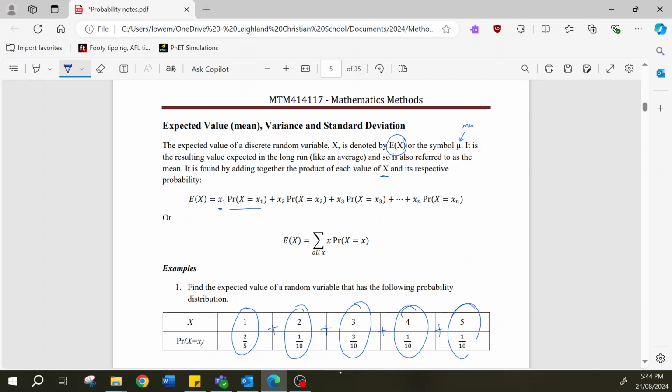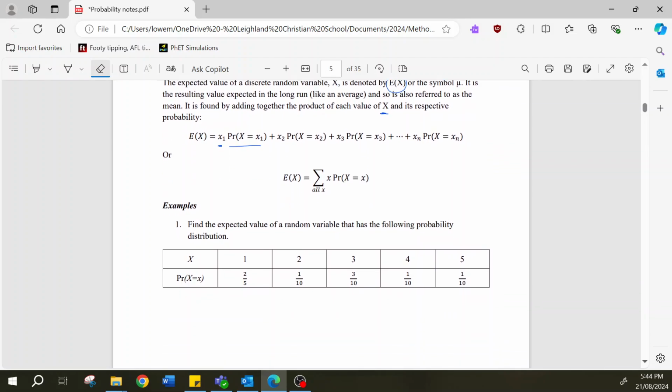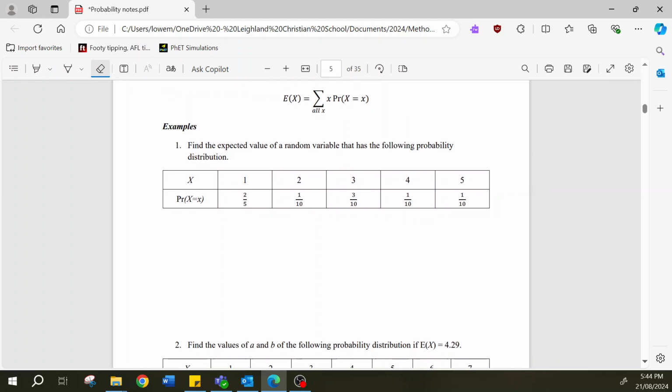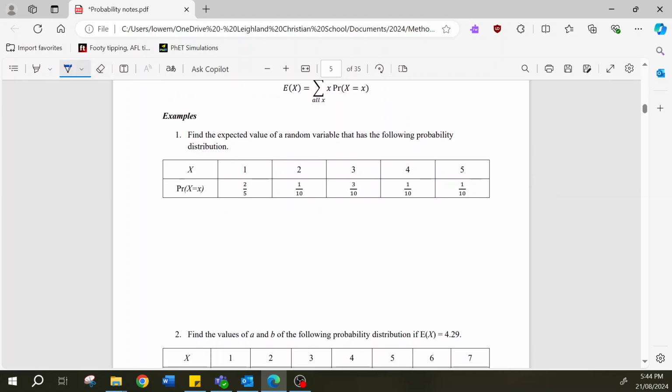So basically it's saying the value 1 we expect 2/5 of the time, the number 2 we expect 1/10 of the time, number 3 3/10 of the time, and so on. And so on average you will get a particular value, and that's the expected value. Hopefully that makes some sense. So let's do that with this particular problem.